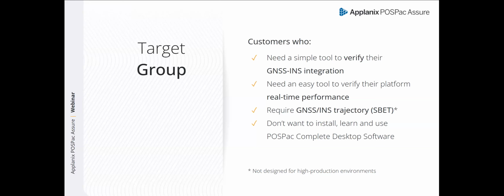And eventually also customers who don't want to install, learn, and use our POSPac Complete desktop software. One word of caution, obviously here, customers or users who want to streamline and automate a production environment shall obviously rather use our tight POSPac Cloud API integration. And I'll get to some words about that later on.